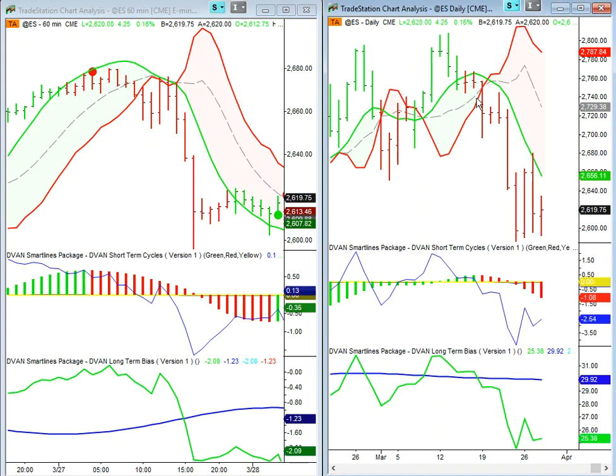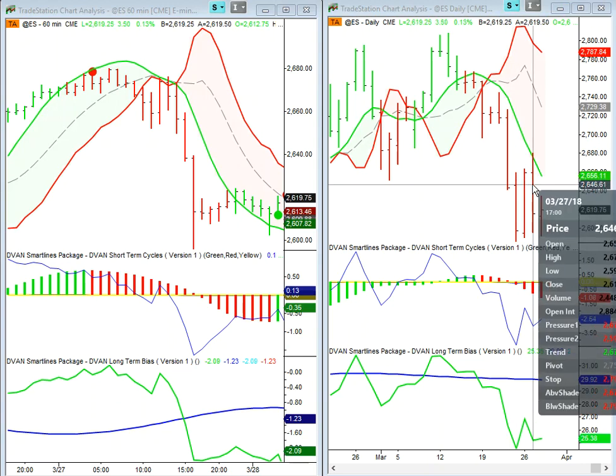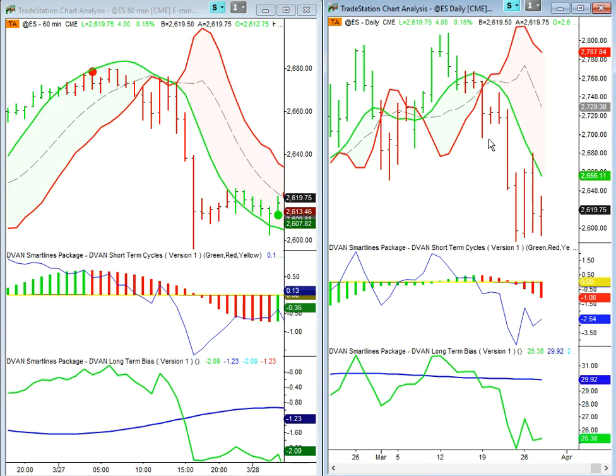So now, if we're looking at it farther into the cycle, where is a good point to re-enter that trade, or re-enter the downside? If we look at yesterday, which was March 27th, we see prices come up right to the trend line, which is the first point of resistance.